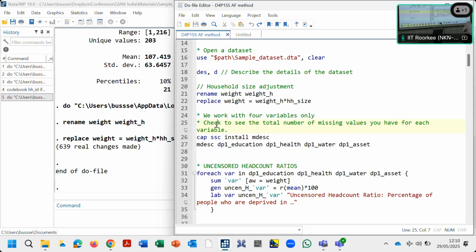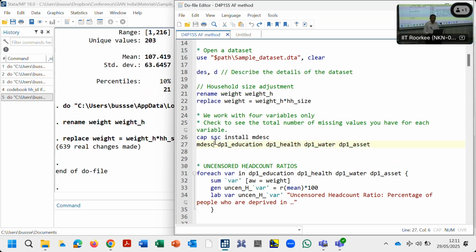I'm not going that far. So I have got 4 variables, for example, just for illustrative purposes: deprivation in education, deprivation in health, deprivation in water, and deprivation in assets. I'm just working with 4 indicators. Is that okay?